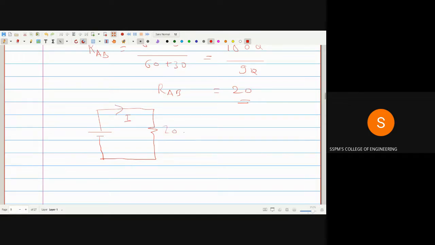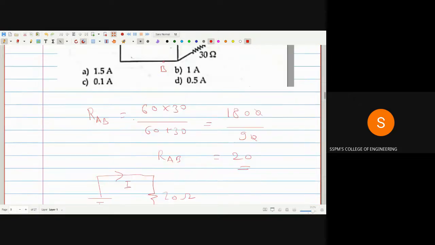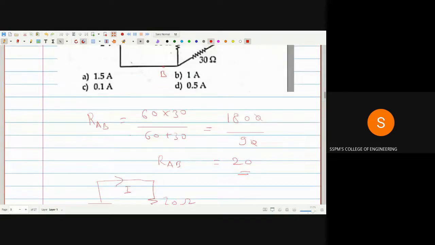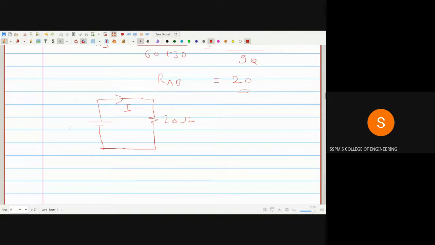बाकी that 20 ohm है. And the voltage source किती है? 2 volt है. Apply KVL. According to KVL it will be 2 minus I into 20 is equal to 0. So what is I? I is 2 divided by 20 is equal to 1 upon 10.